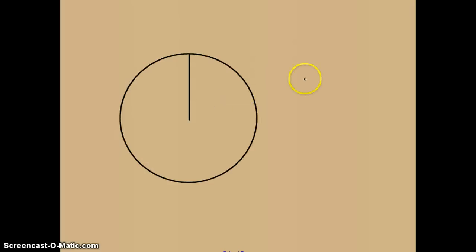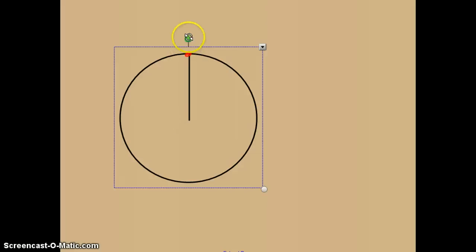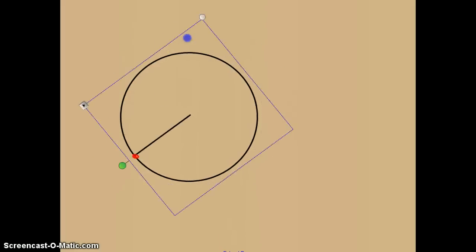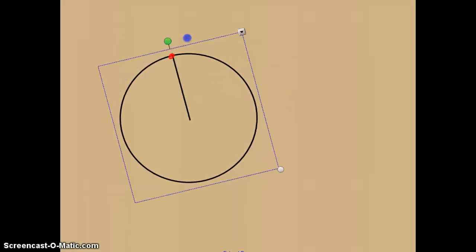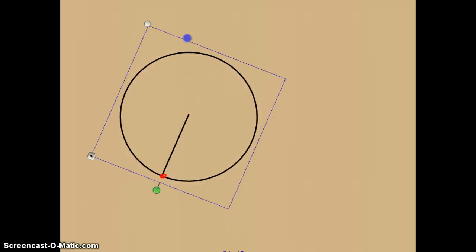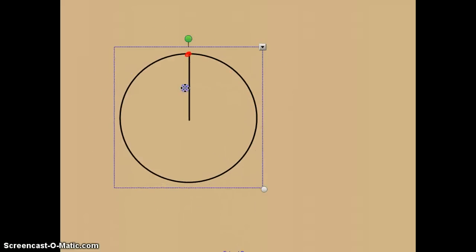Well, if I put an object here and then I rotate it, let me group these two things together. If this were to rotate, how does that rotate? The red dot is rotating around the circumference of that circle. That would be its linear speed.